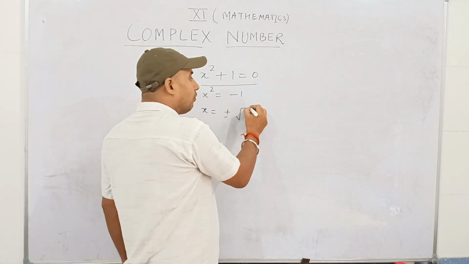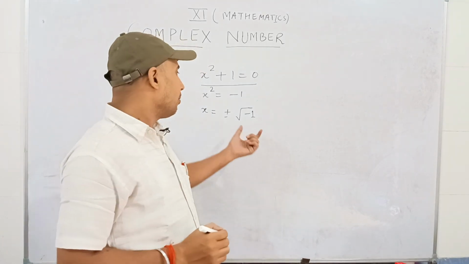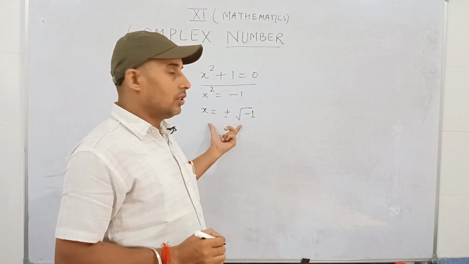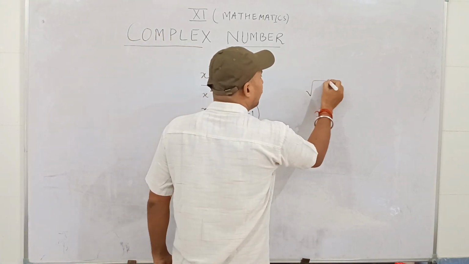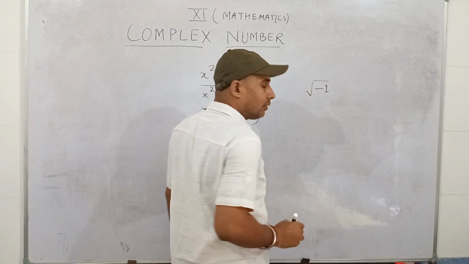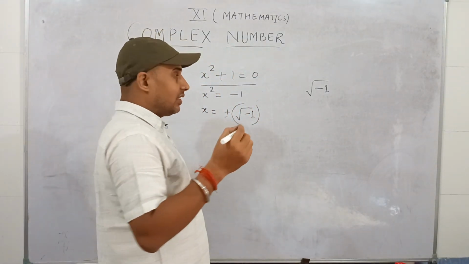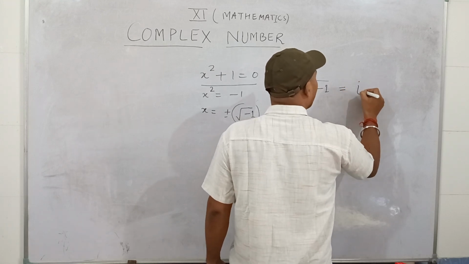The square root of a negative number is not real. It means the solution of this equation is not real. So this number, root -1, is not real. It means this is an imaginary number. This is called an imaginary number.